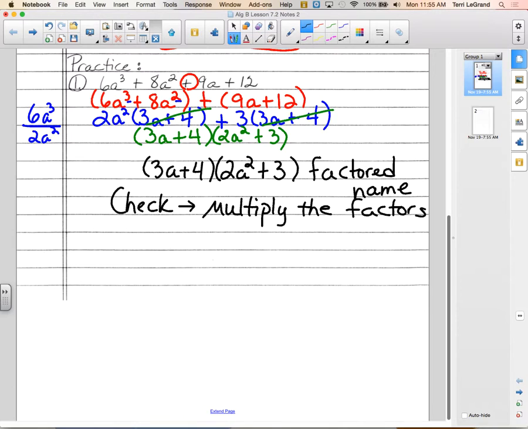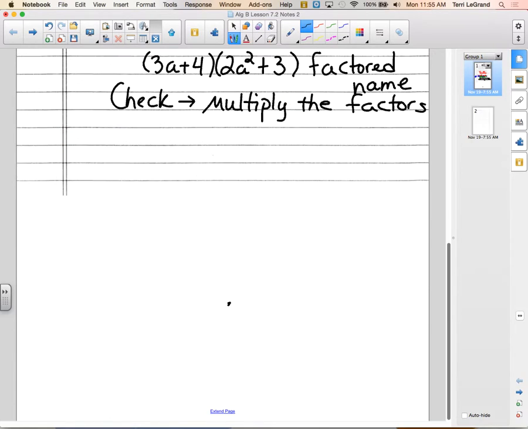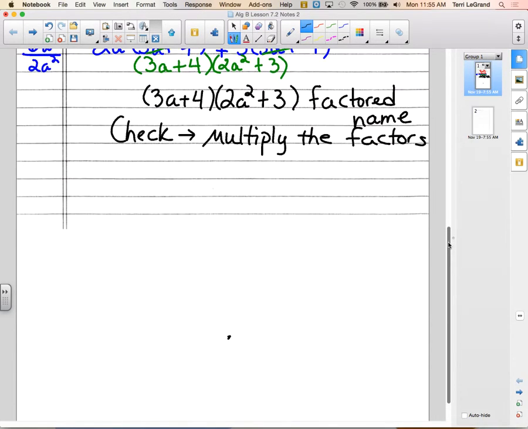We got FOIL, the vertical, and the rectangle. Pick which one you're going to use to show multiplying those out. I'm going to use the rectangle. For those of us who are a little rusty with the rectangle method, I'll help you out. Those of you who would rather do FOIL, go ahead and do FOIL. If you're going to do vertical, set it up properly.